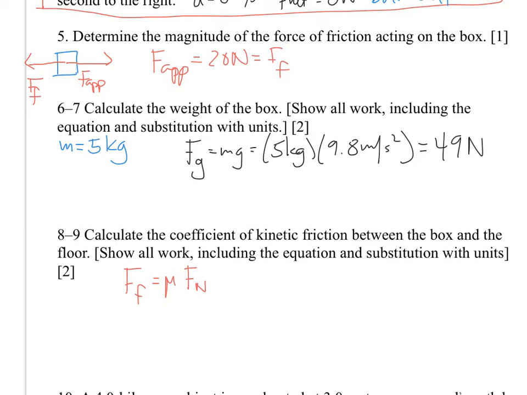If our frictional force here is 20 newtons, and we're solving for mu, F of N is the normal force, which is always equal to the weight, acting equal and opposite in direction. So that's 49 newtons. Doing 20 divided by 49 gets us mu. And our mu is 0.41. Does it have units? No. It's just a coefficient. So we leave it as is.